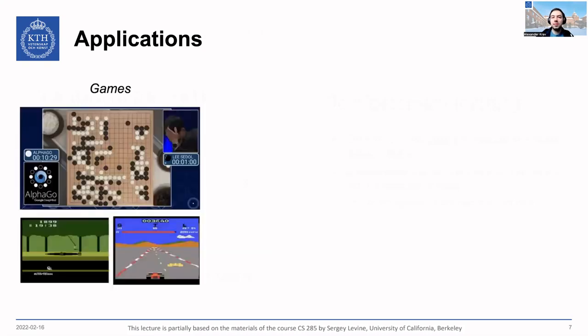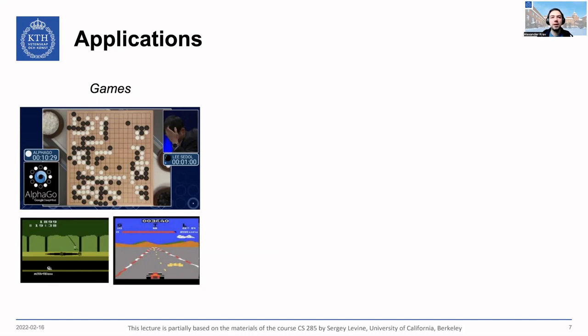Probably the one that everyone has heard about is games, especially whenever it comes from the DeepMind group, which was AlphaGo, solving basically the Go game, or AlphaZero that solves chess and is rated 1,000 more ELO points than Magnus Carlsen. So basically games are an important venue for reinforcement learning to showcase its capabilities.